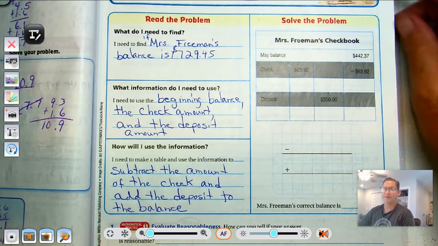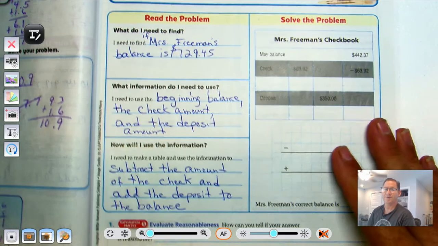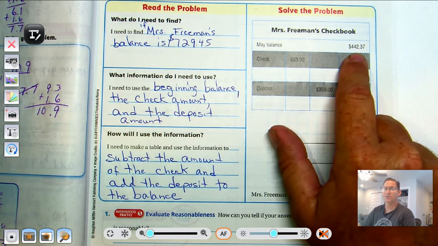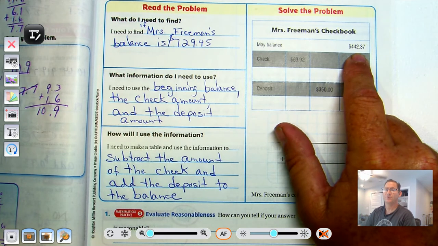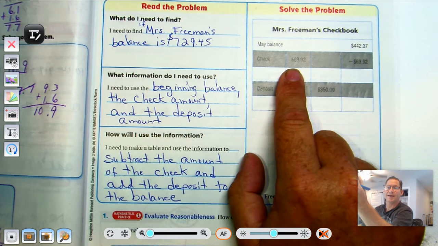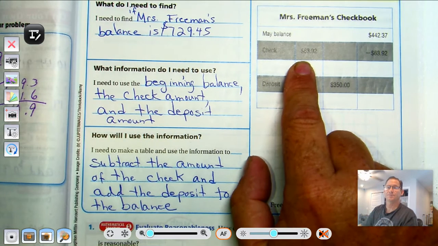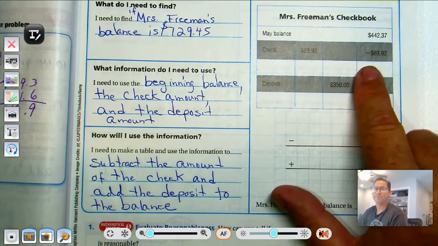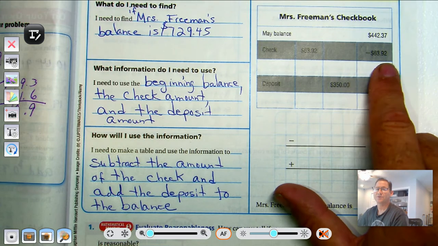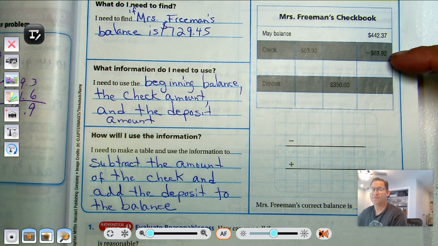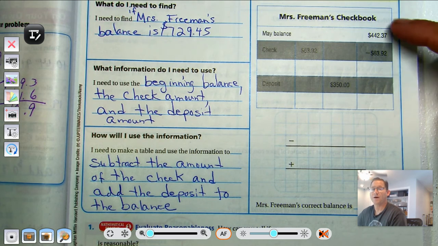All right. So we see on the right here, we have a table that's been created, and it's Mrs. Freeman's checkbook and the May balance. She starts with $442.37. She has a check for $63.92. Okay, so we see minus $63.92. Can I take 2/100ths, 2 pennies, from 7 pennies or 7/100ths?